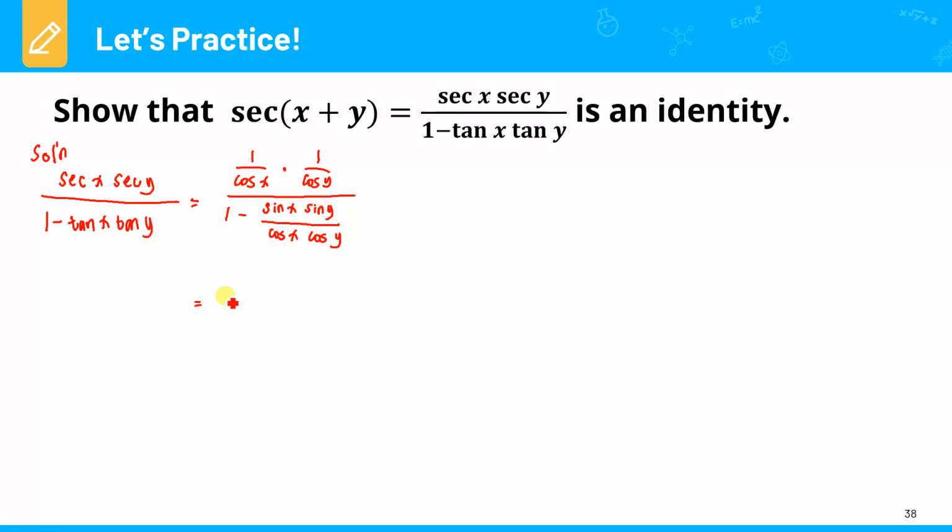So you have 1 over cosine x cosine y, all over cosine x cosine y minus sine x sine y, all over cosine x cosine y.